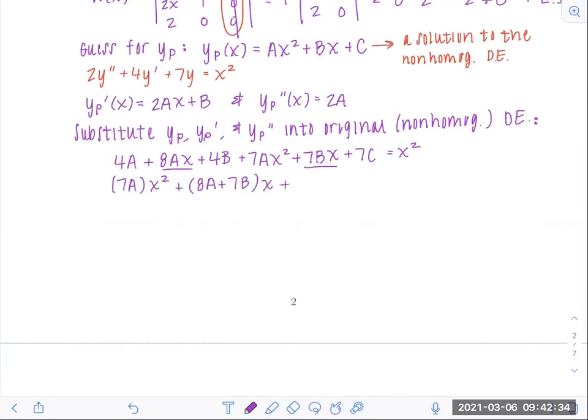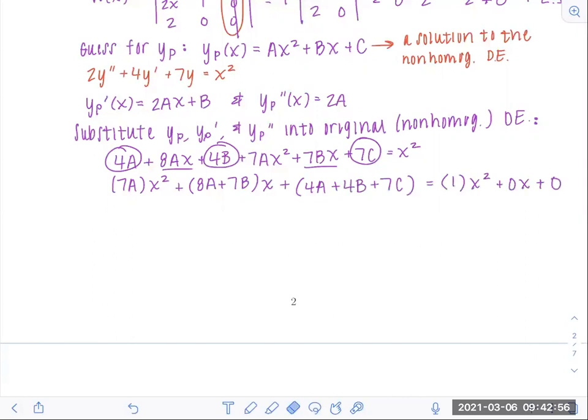And then finally, for the constant terms, I have three of those, 4a plus 4b plus 7c. And all of this equals, I'm going to write the coefficient of 1, x squared. And if you want, you can add the placeholders of 0x plus 0.